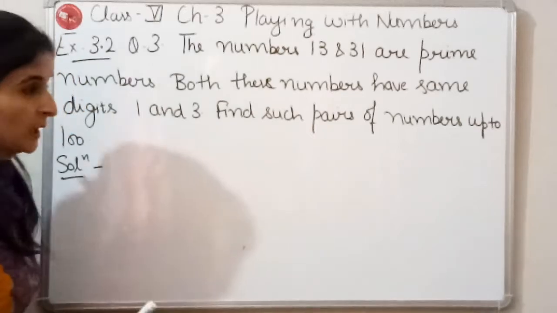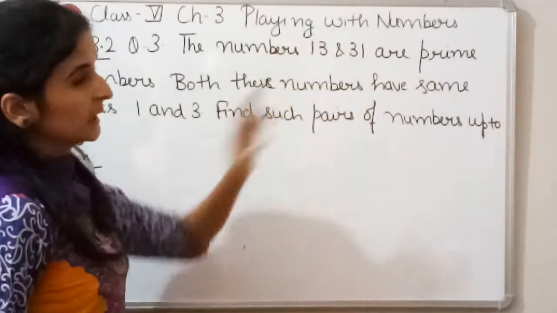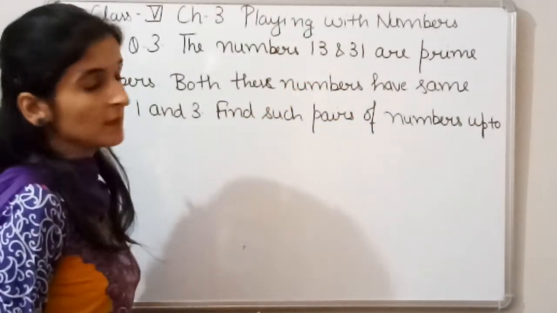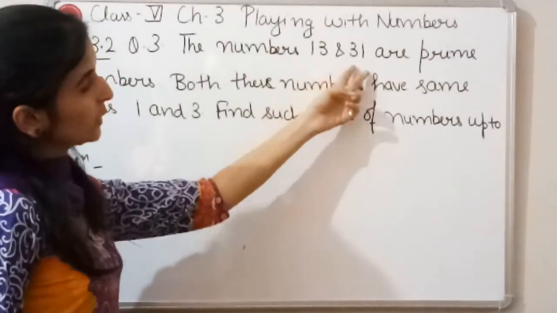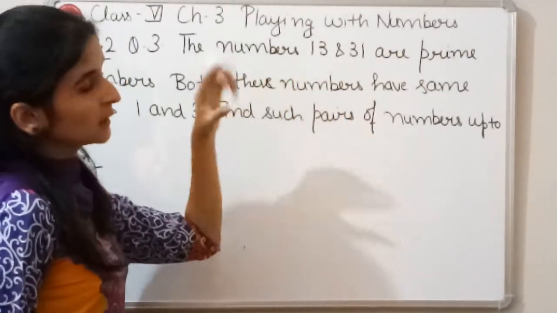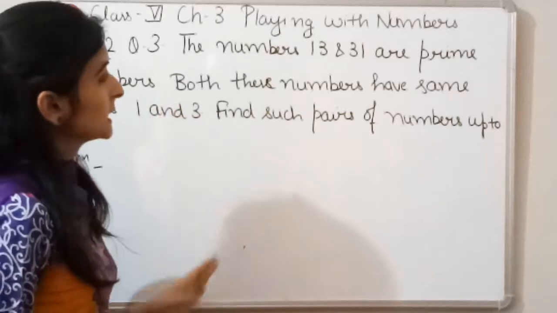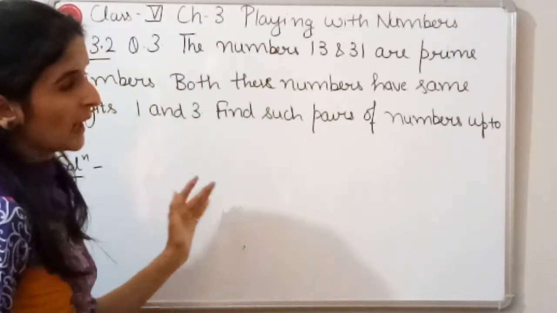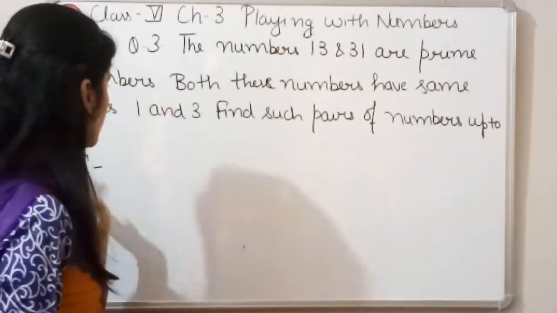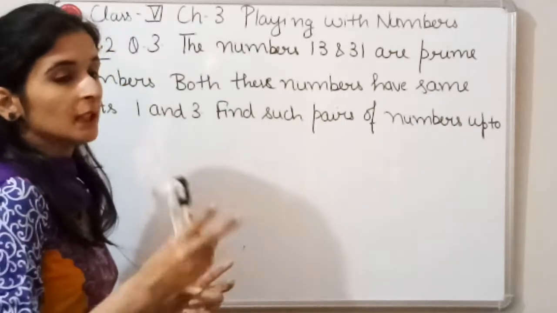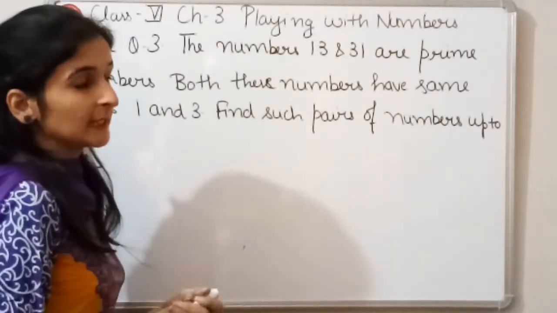What is the question? The numbers 13 and 31 both are prime numbers, and in both these numbers we are using two digits only, 1 and 3. So we have to find such pairs of numbers up to 100 where we are using two digits and interchanging them.